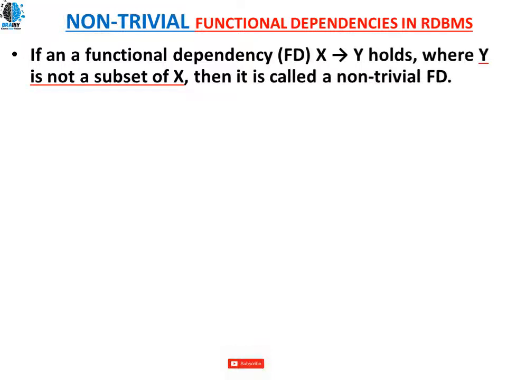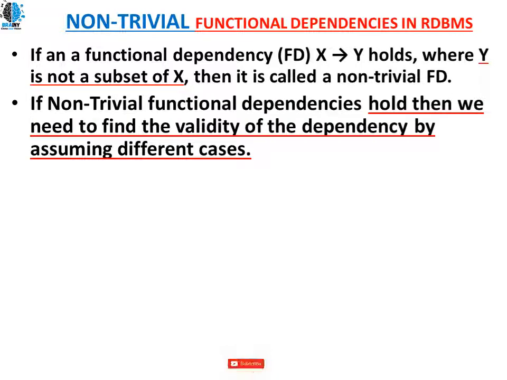If a non-trivial functional dependency holds, then we need to find the validity of the dependency by assuming different cases, as I've shown you, the different four cases. We have to find out whether all these dependencies are valid or not first.